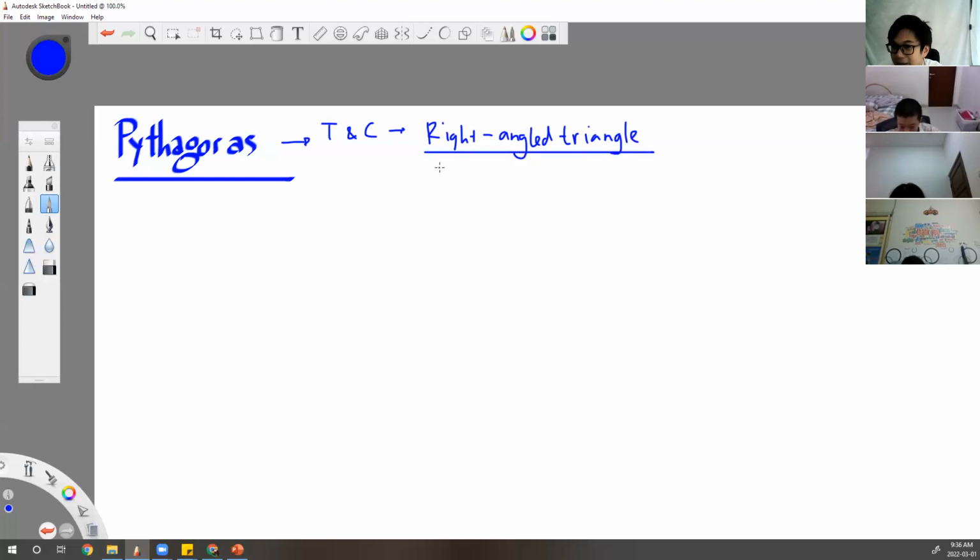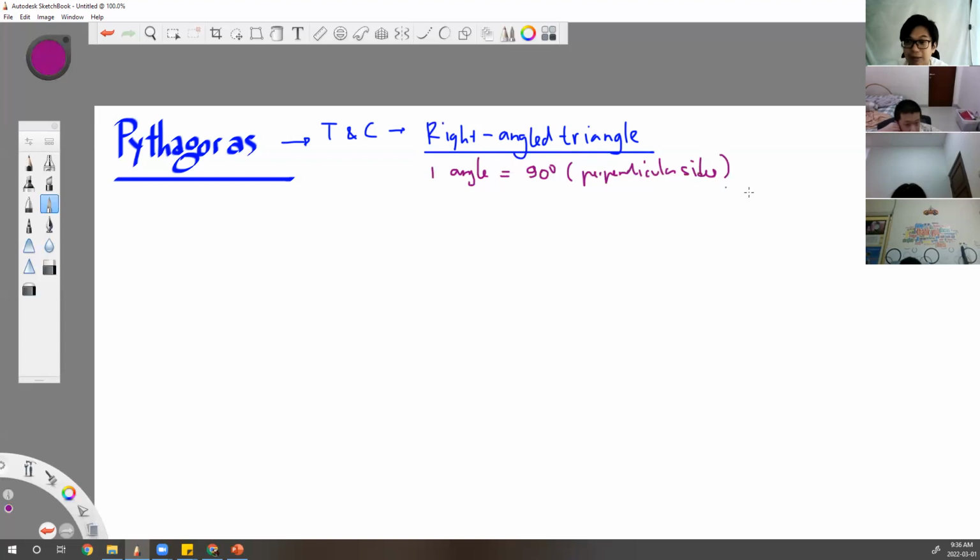So at least, do you know what a right angle triangle is? It is a triangle that has one perpendicular angle, or 90 degrees. Okay, so it has one angle that equals 90 degrees, or we can say it has perpendicular sides.